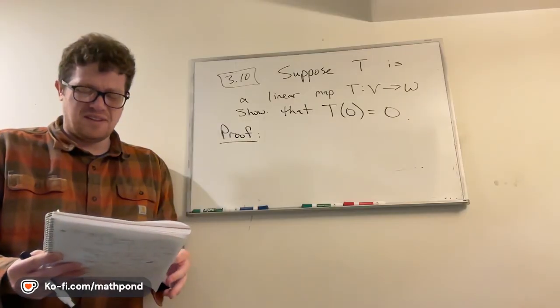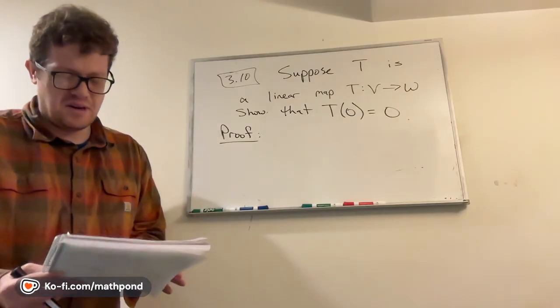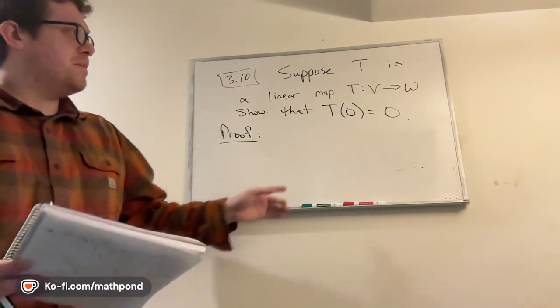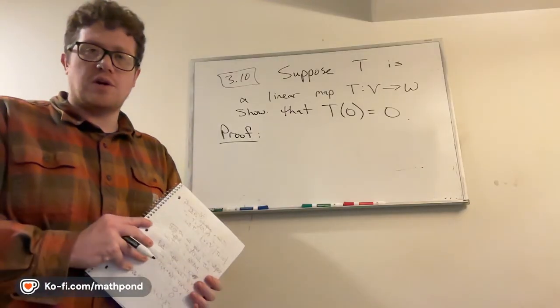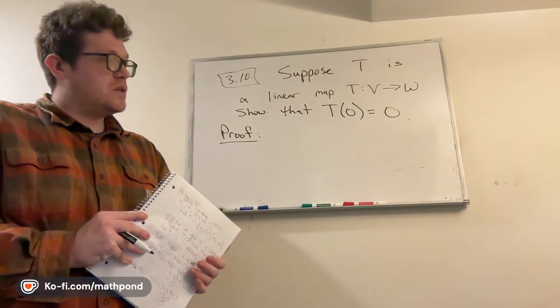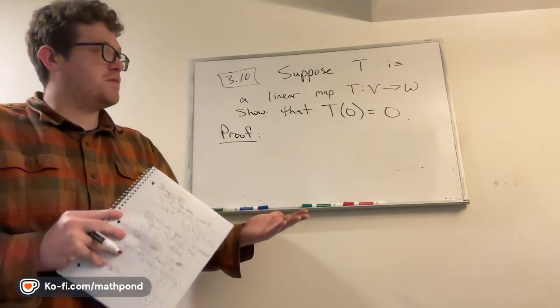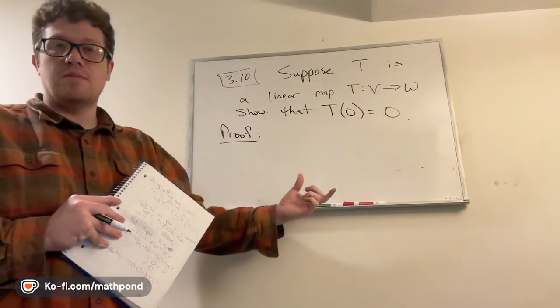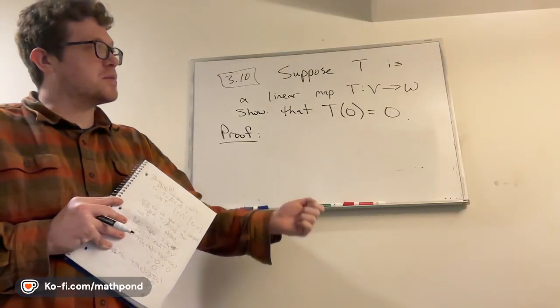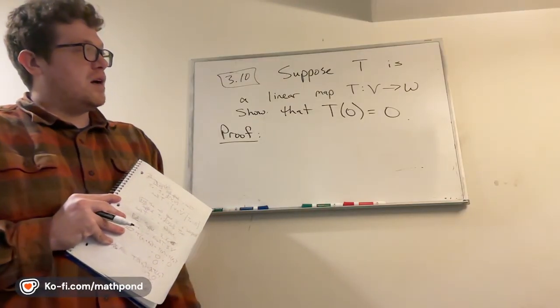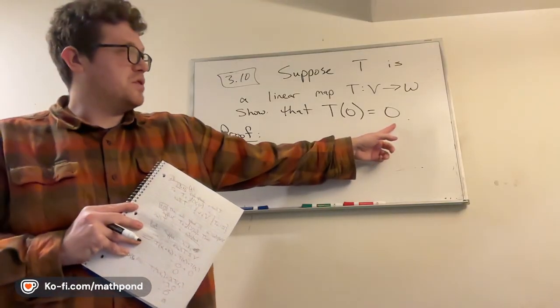I'm a little iffy on the first one. I feel like the second one is a little bit better. But how do we show that 0 goes to 0? We basically want to show this using just the two properties of linear maps, the fact that sums go to sums and scalar multiplication goes to scalar multiplication. How would we show this?